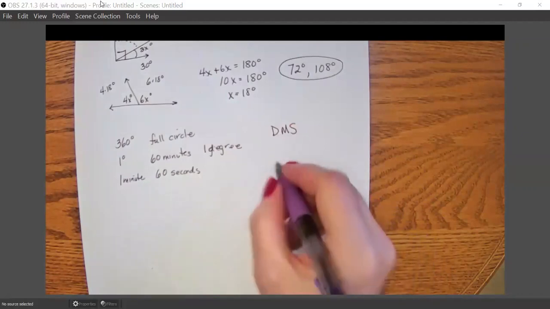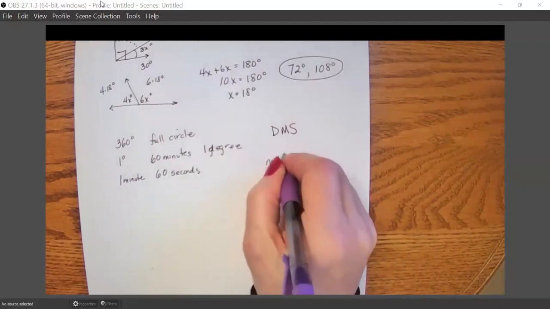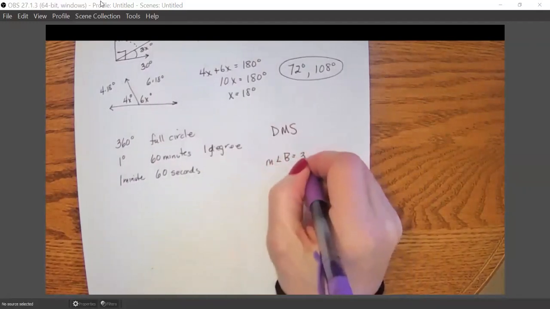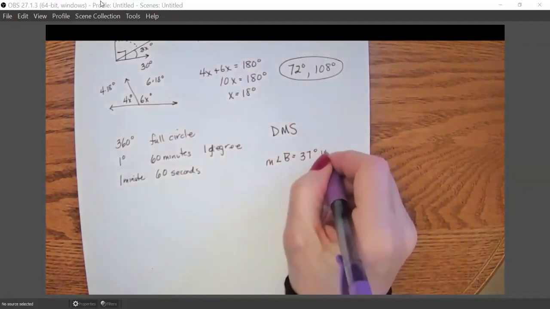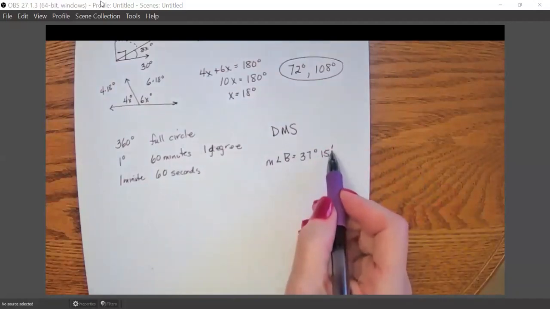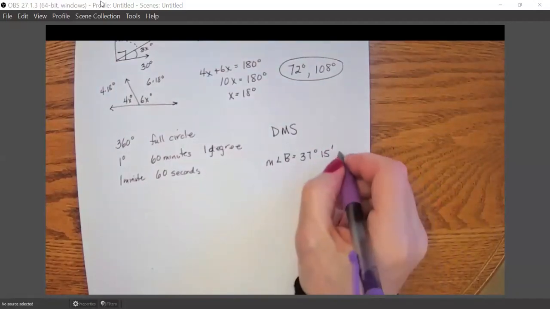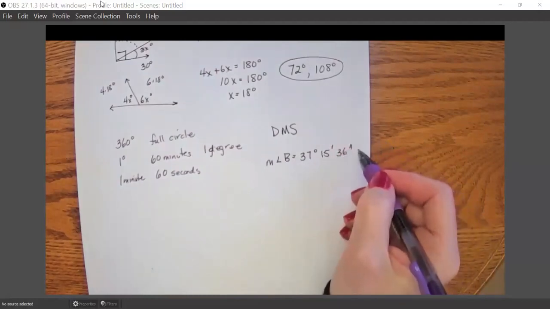So I might have an angle measure. Say the measure of angle B is 37 degrees, 15 minutes. Minutes has a single tick as its symbol. 36 seconds. Seconds have 2 ticks as their symbol.